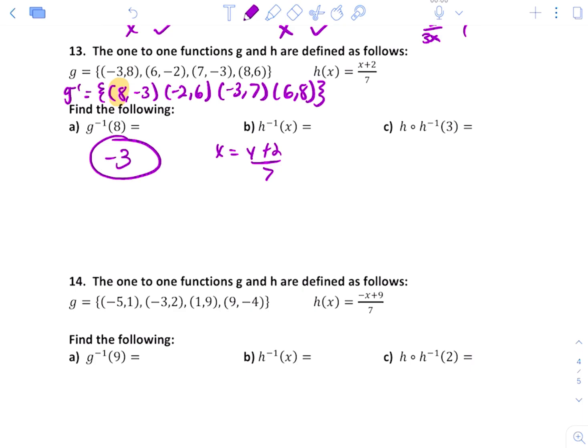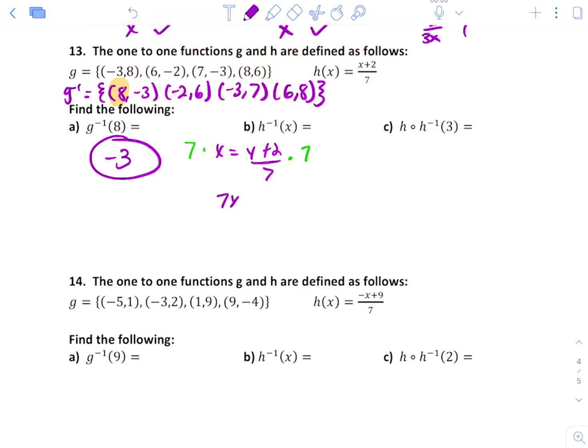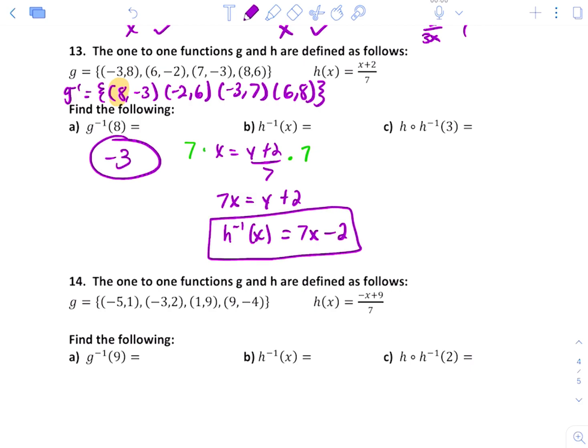Now remember, to get rid of a fraction, we just multiply by whatever that denominator is to both sides. So that h inverse of x is going to be 7x minus 2. Okay.